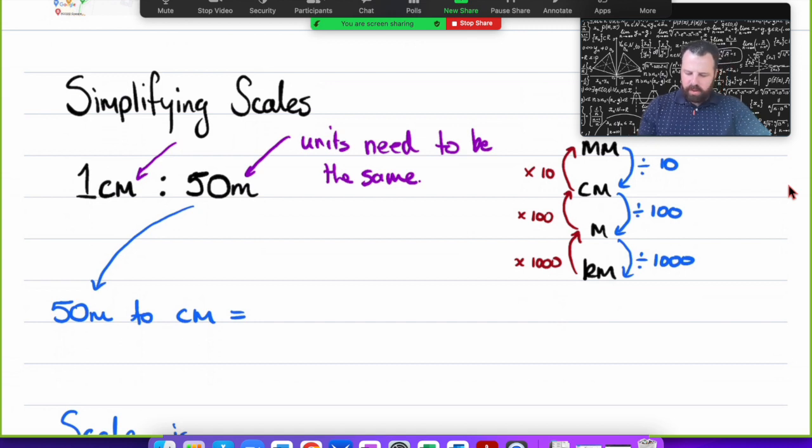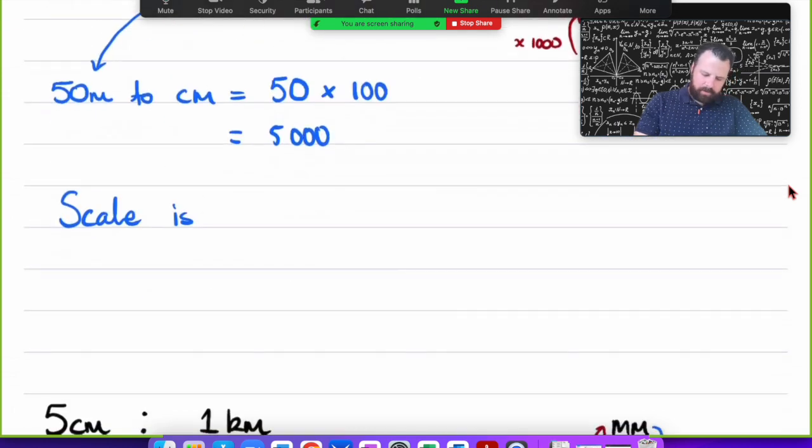On the right-hand side, we start at meters and need to go to centimeters, so I need to multiply by 100. 50 meters to centimeters is 50 times 100, and on our calculator that gives us 5,000.